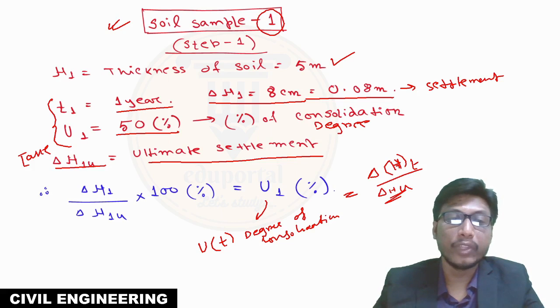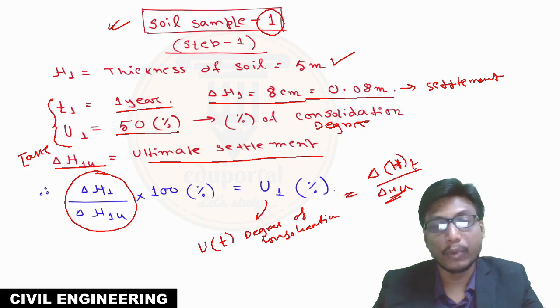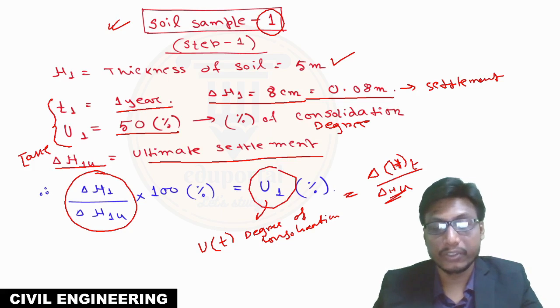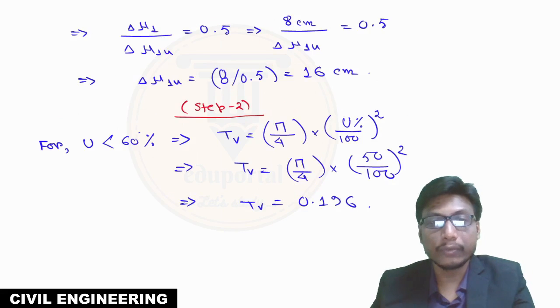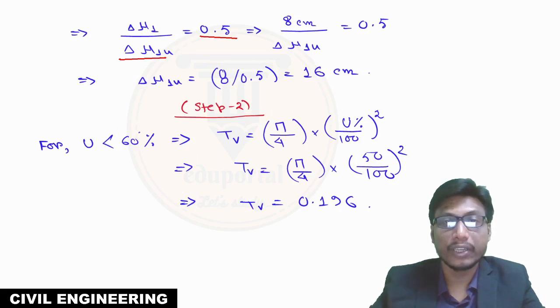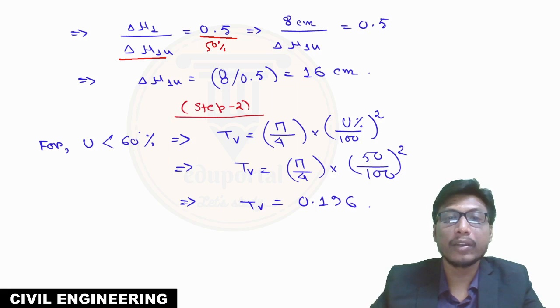So del H1, the settlement of sample 1, by del H1U, the ultimate settlement of sample 1, into 100% is U1, the percentage of consolidation. Doing this, del H1 by del H1U is 0.5, given as 50% consolidation after 1 year. So 50% means 0.5.